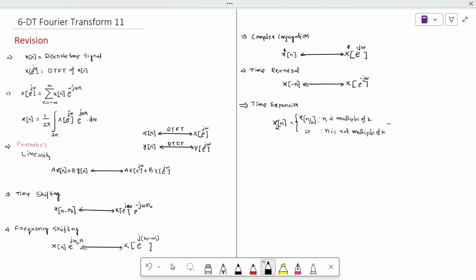For this case, k comes in multiplication with the frequency, that is j into k into omega naught.